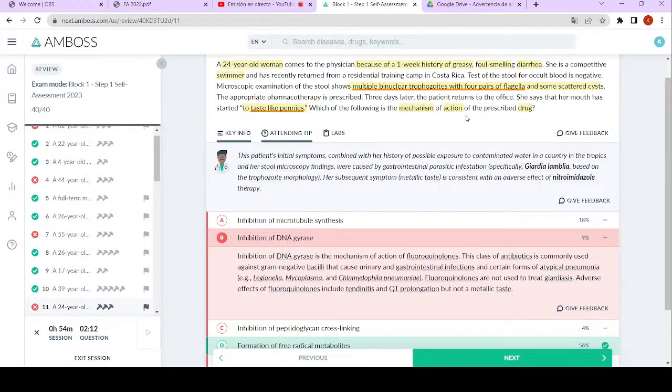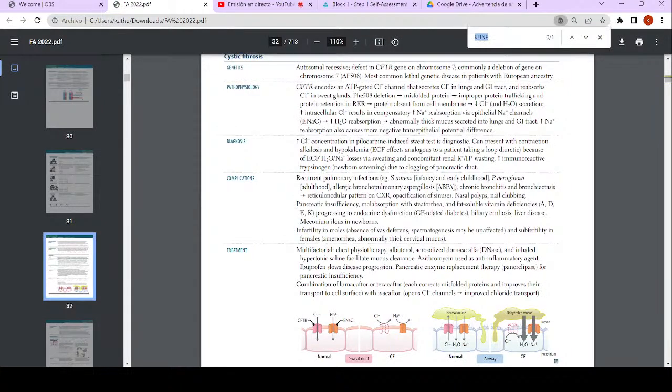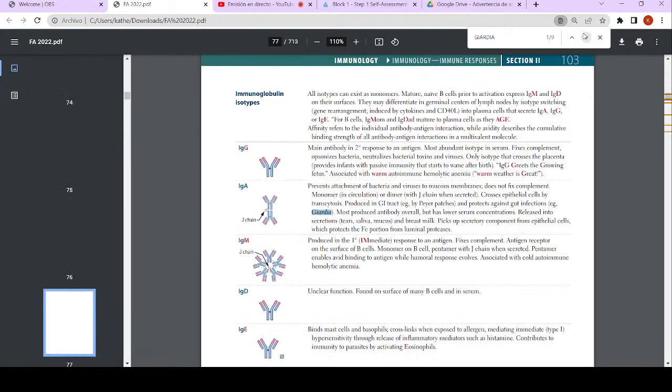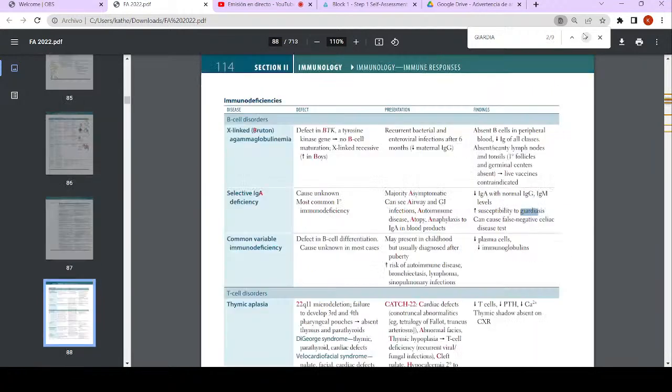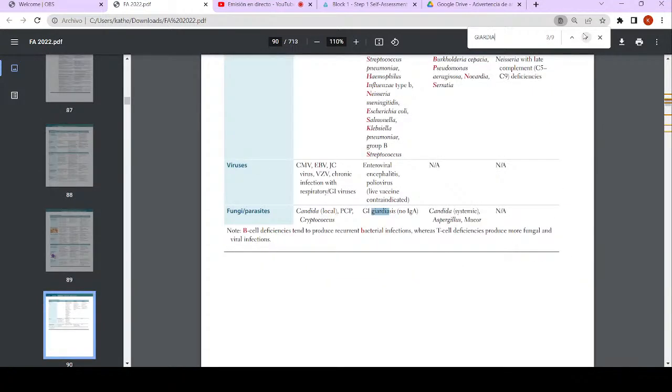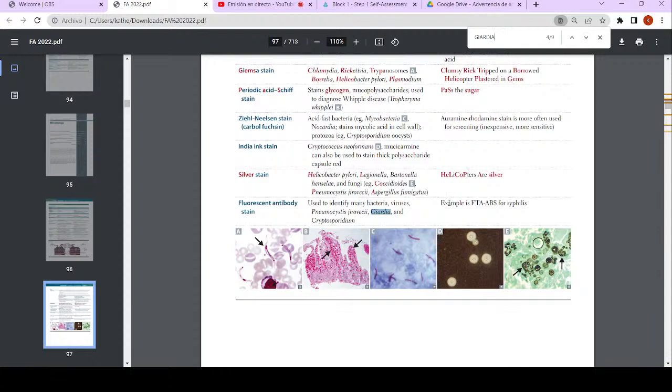Giardia. If you see giardiasis, I remember I used to draw this stuff when I was at med school. Let's watch how Giardia looks like.